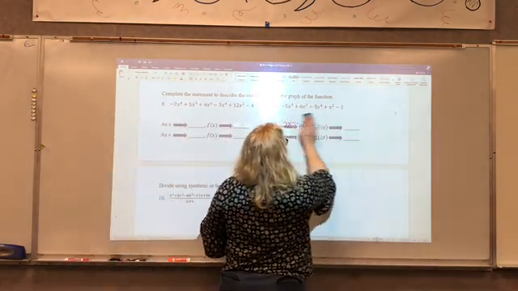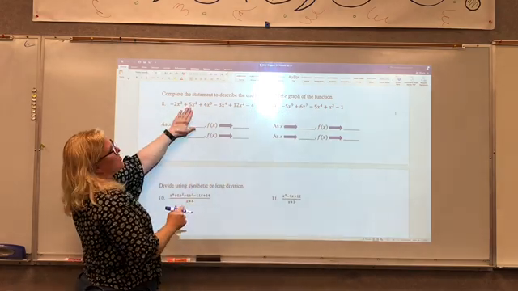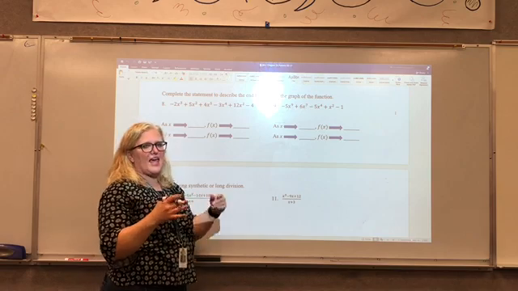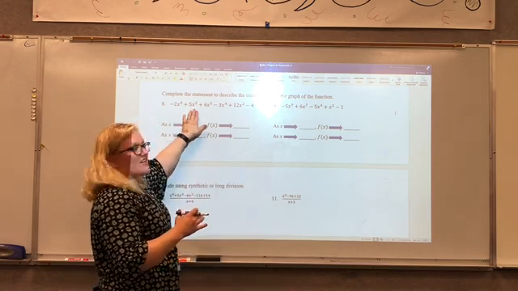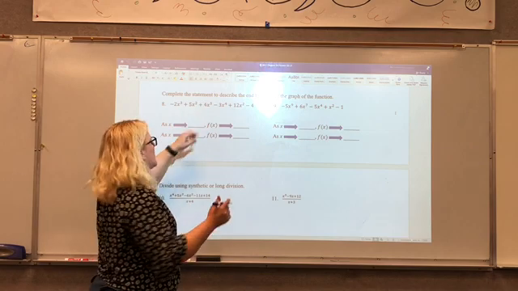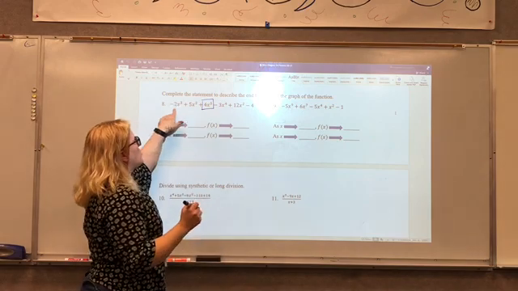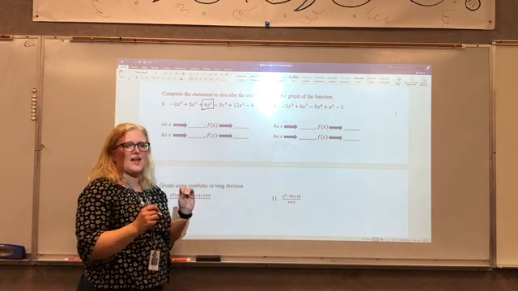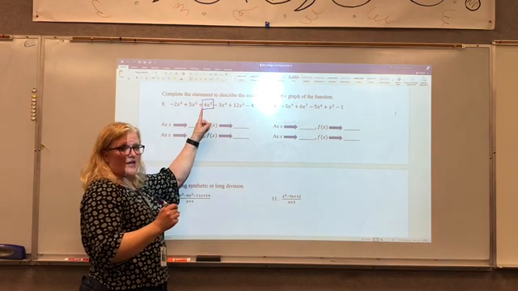All right, so I talked about this in more detail in class, but what I need to look at is the end behavior. And this one is not in standard form, but if it was, this term right here would be the one that goes in the very front. So that's the term that I'm looking at. And I notice that it's positive and it's odd.